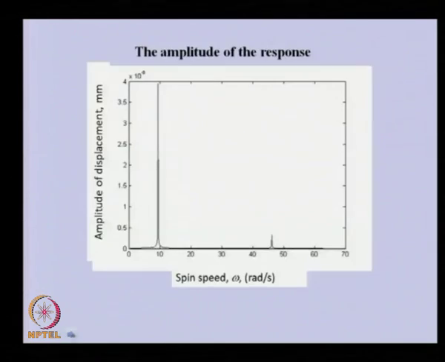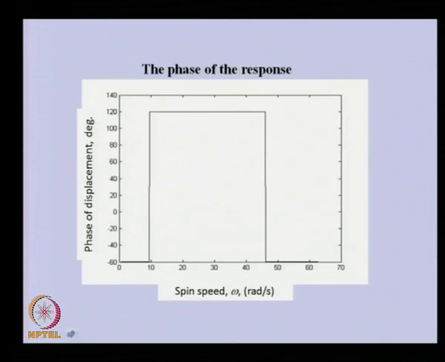Now, let us see, we have taken at the disk location how the amplitude of the response changes with changing the speed. If we change the speed, we will see that we will get peaks at some locations. These are peaks, these are the critical speeds. And if we see the change in the phase, because the response is a complex quantity, having real part and imaginary part.